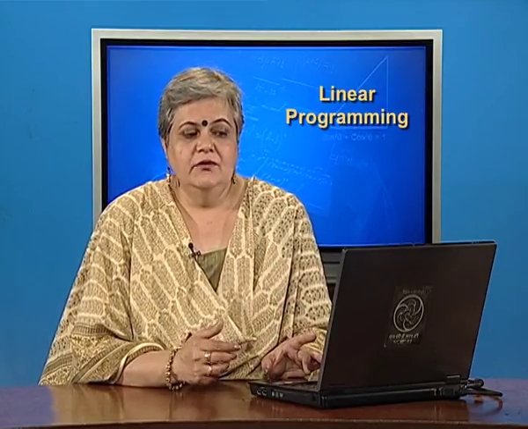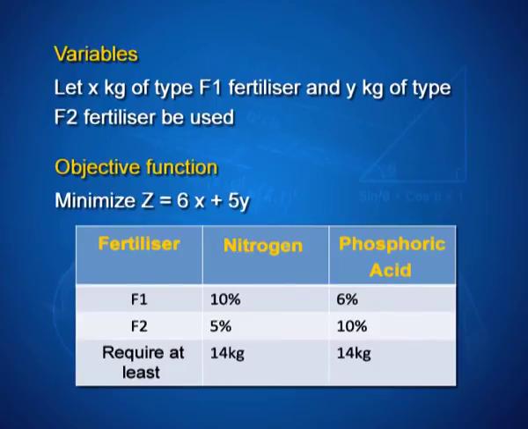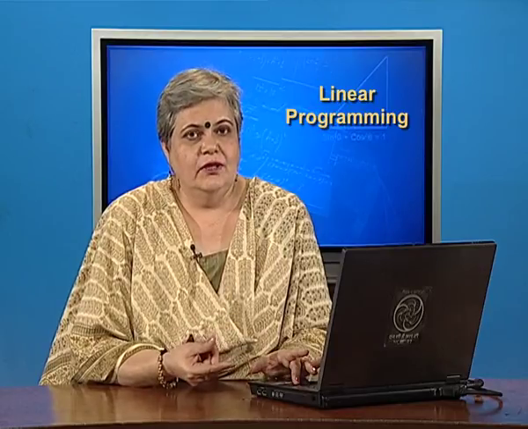So, if I tabulate the information, it is very obvious now that since I have bought x kgs of F1 fertilizer, the amount of nitrogen coming from F1 will be 10% of x, and from F2 the y kg that I have bought will give me 5% of y, and therefore, 10% of x plus 5% of y must be greater than or equal to 14 kg, since at least gets converted into greater than or equal to.